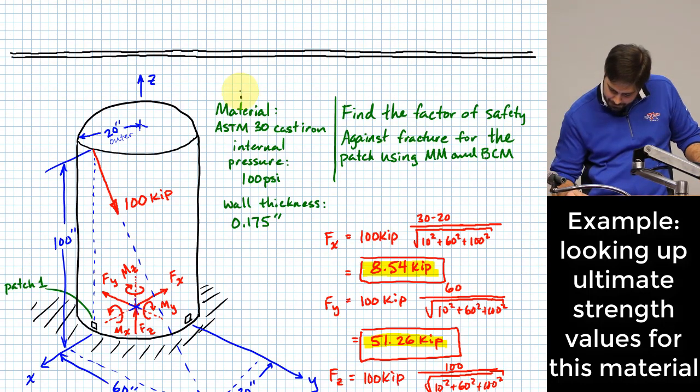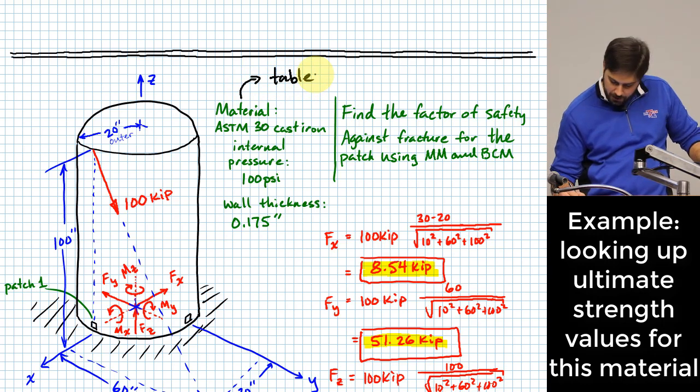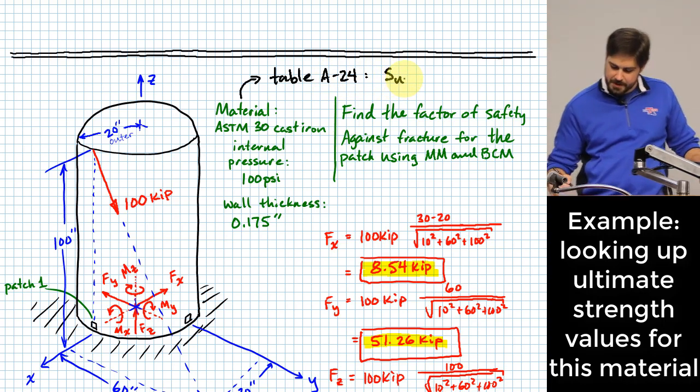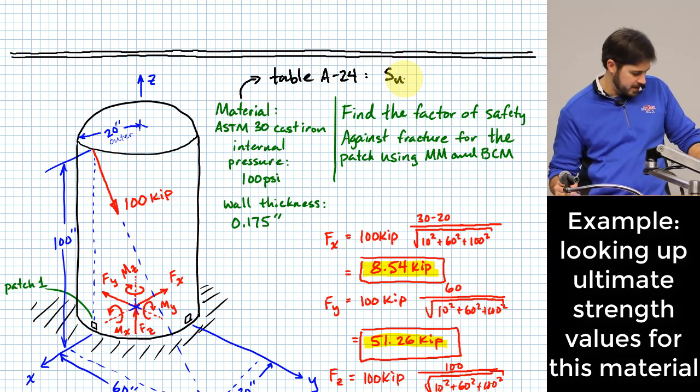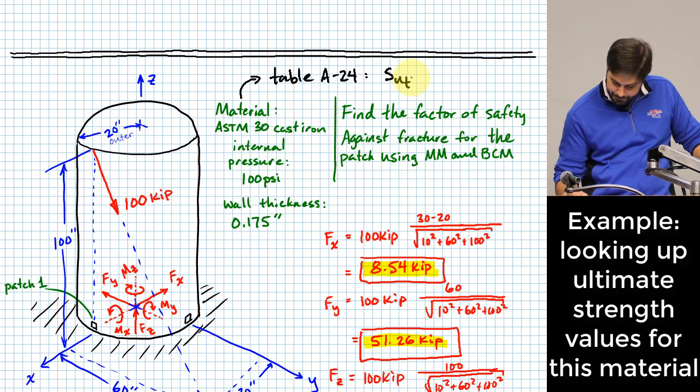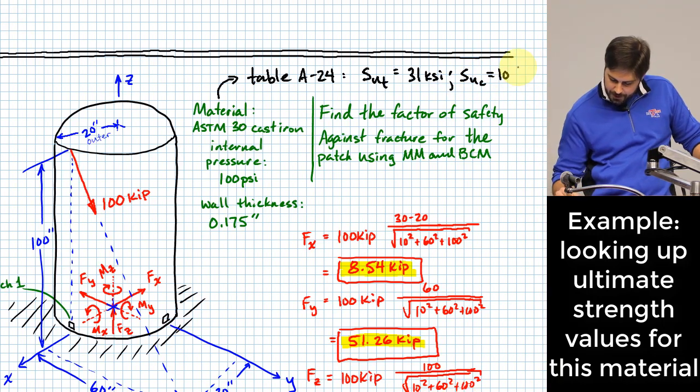Okay, this is from table A24. We're doing ultimate strengths now. So we have an ultimate strength in tension that is 31 KSI and an ultimate strength in compression of 109 KSI.